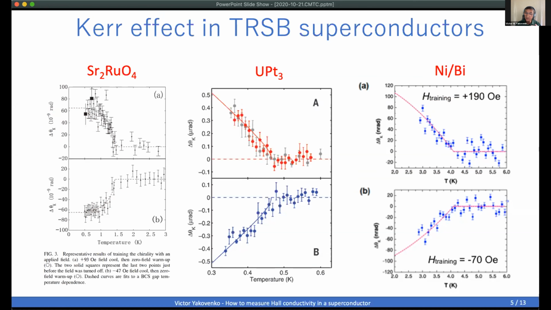So they can control at will a positive or negative signal, which also proves that the observed signal couples to an external magnetic field. In that sense, it indicates it breaks time reversal symmetry, since it couples to a magnetic field by symmetry. And the signal is on the scale of nanoradians, as I mentioned. So that's the end of the introduction.